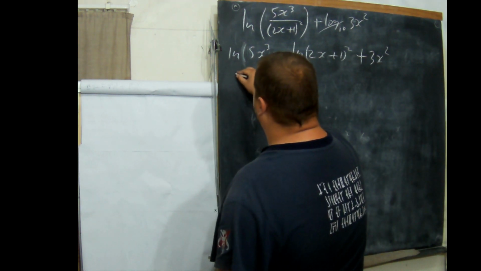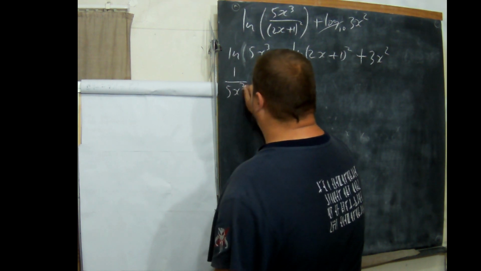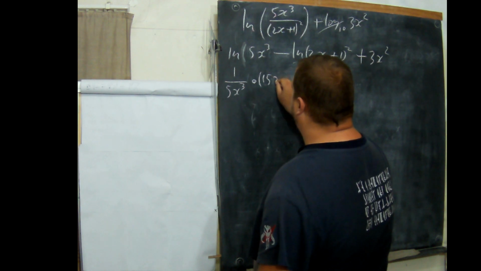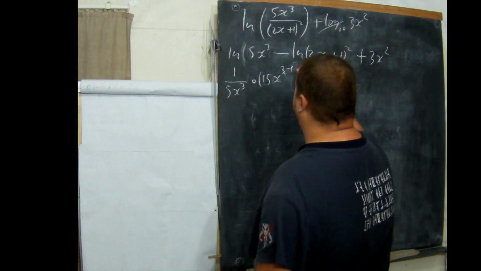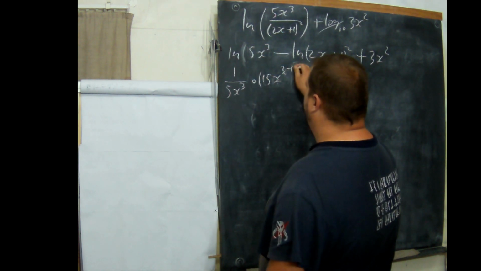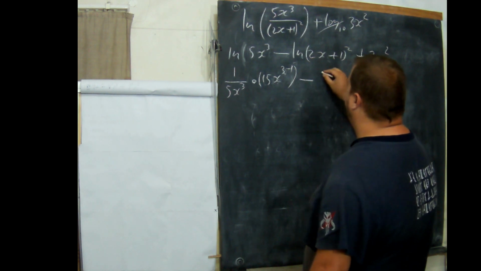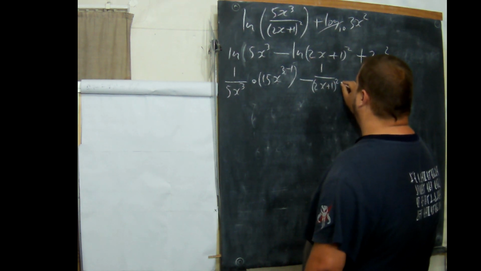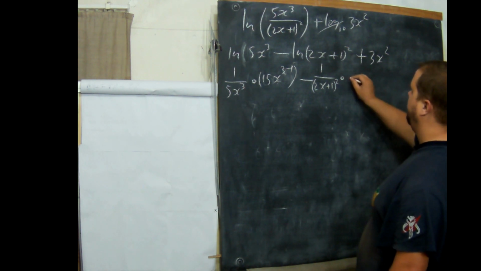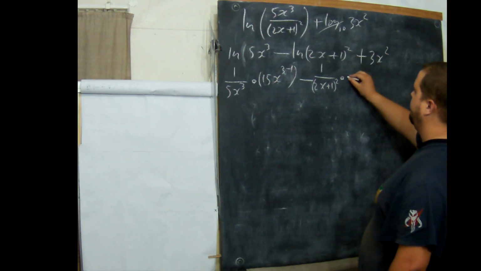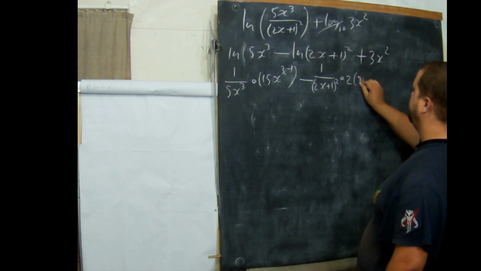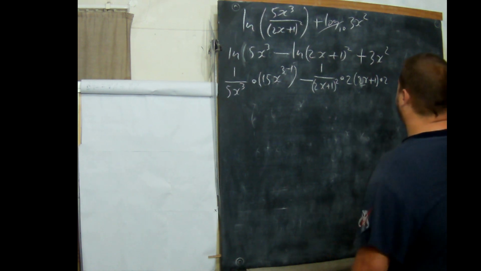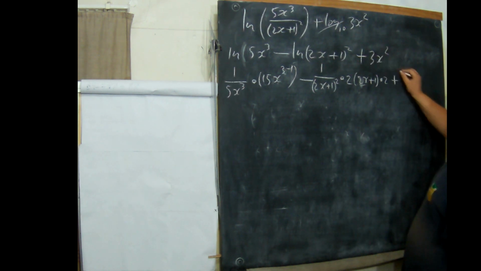So ln is 1 over, so it's 1 over 5x cubed multiplied by the derivative of what's inside, which is 15x squared, because 5 times 3 is 15, and 3 minus 1 is 2. Then minus ln, which is 1 over (2x plus 1) squared, multiplied by the derivative: the outer gives 2 times (2x plus 1), multiplied by the derivative of 2x, which is 2, plus 3 times 2, which is 6x.